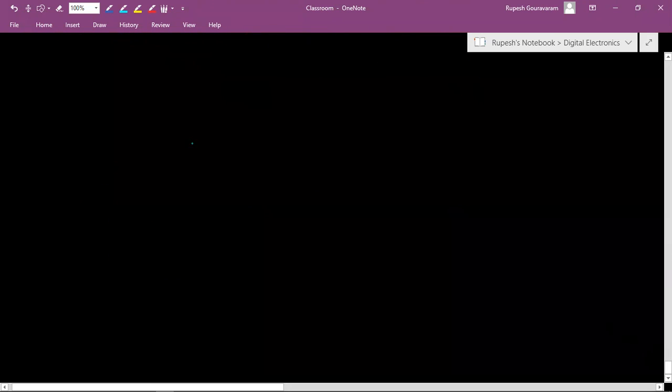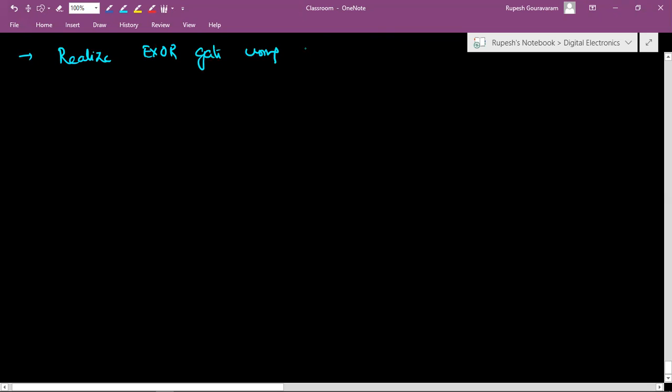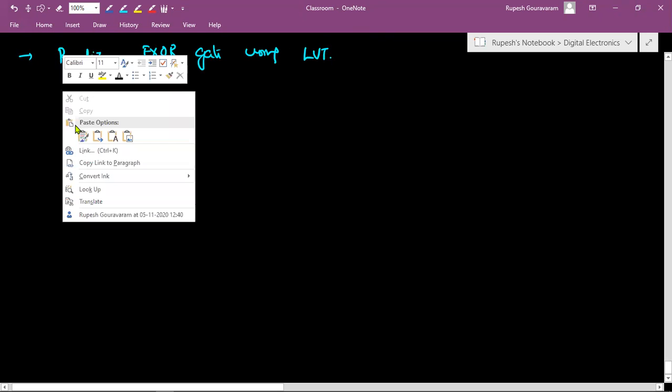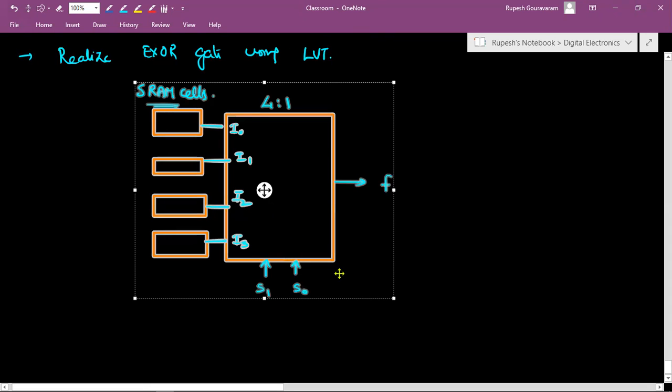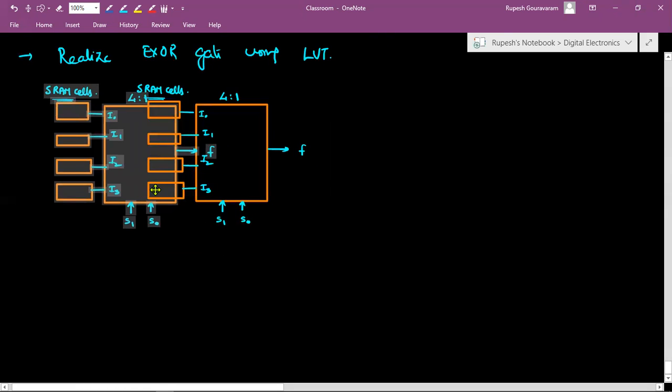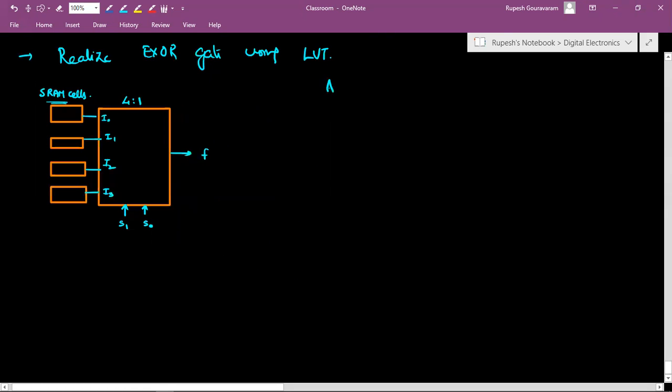Okay, let us see how to realize the XOR gate using the LUT, the lookup table. Again, we do the same thing here. We'll take the inputs A and B and the function F. We apply the truth table.